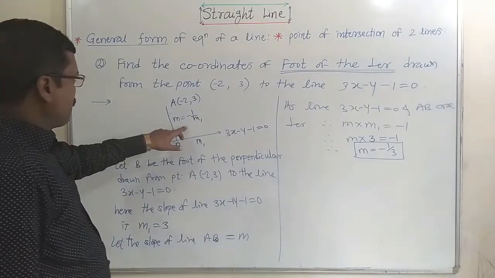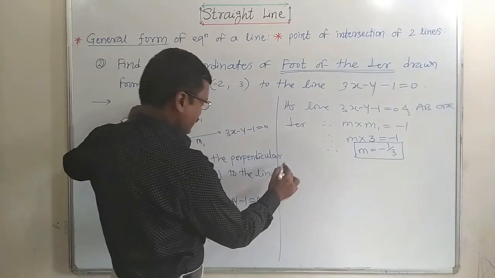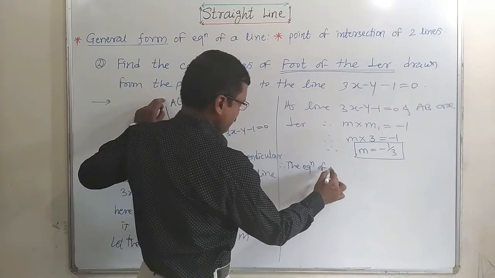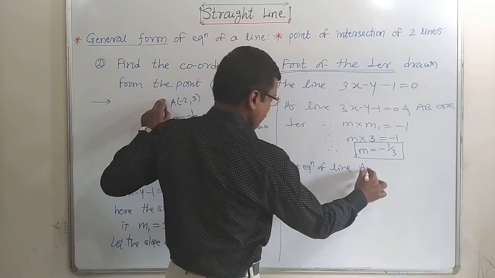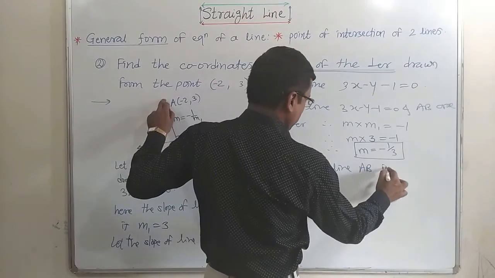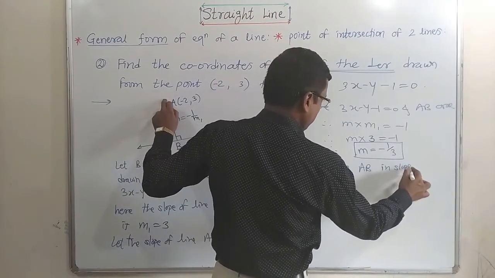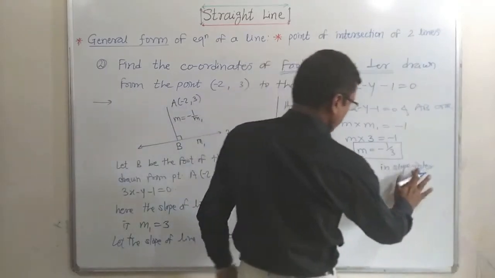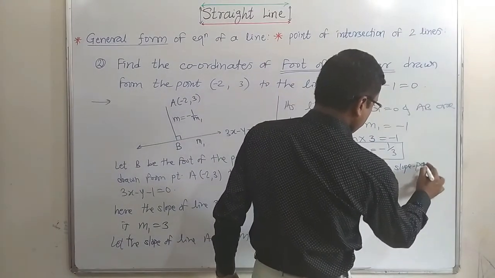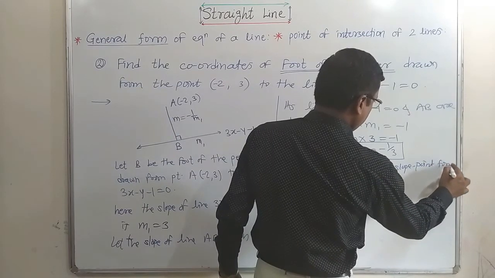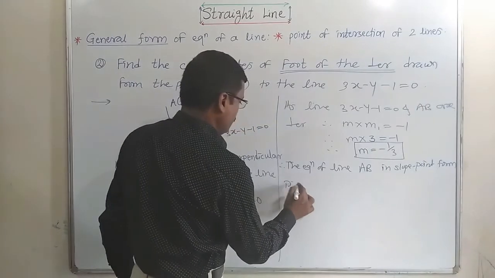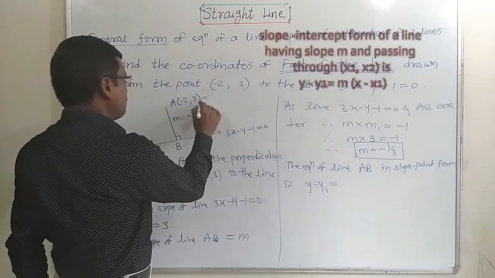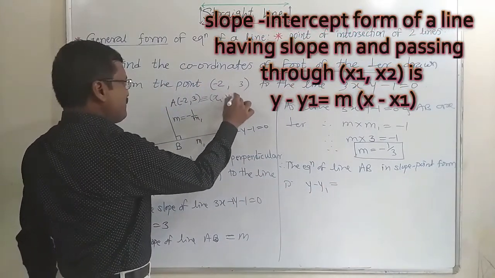So knowing the slope and point, the equation of line AB in slope point form, not intercept form, is y minus y1 equal to m into x minus x1. Consider this A as x1, y1.